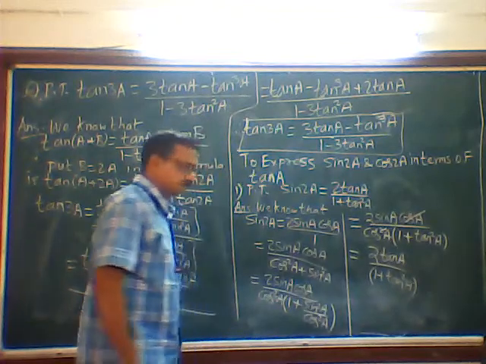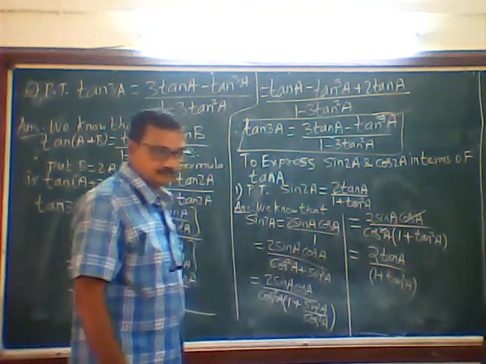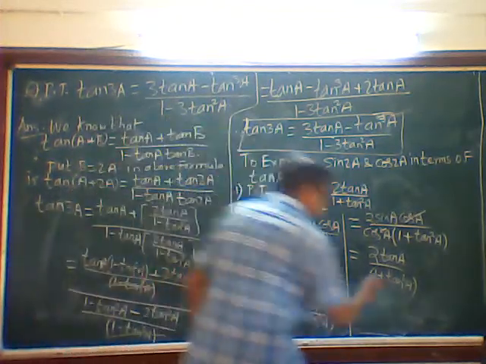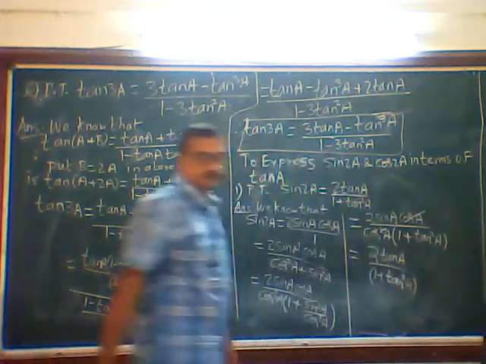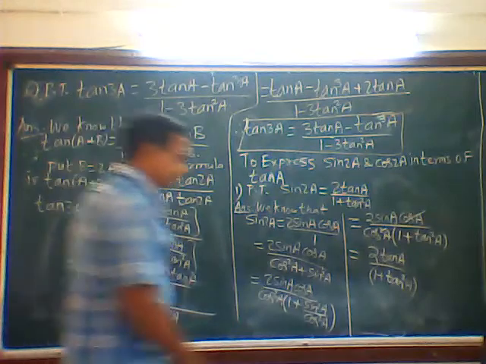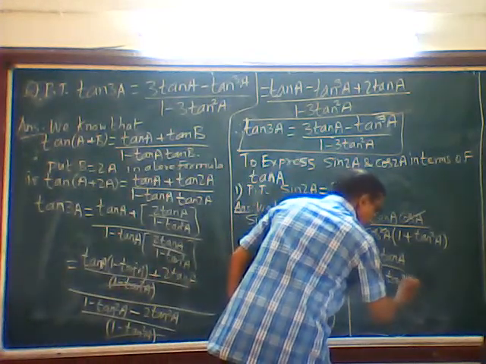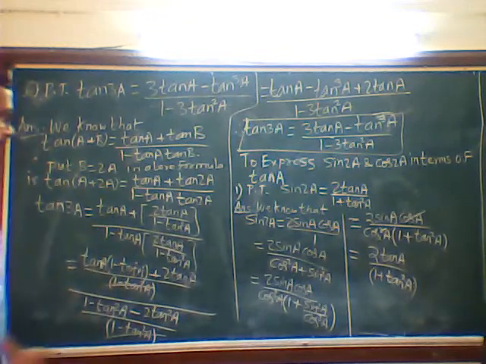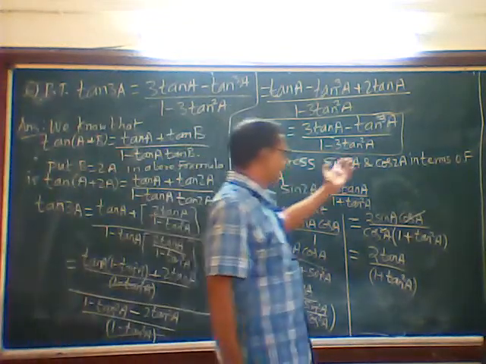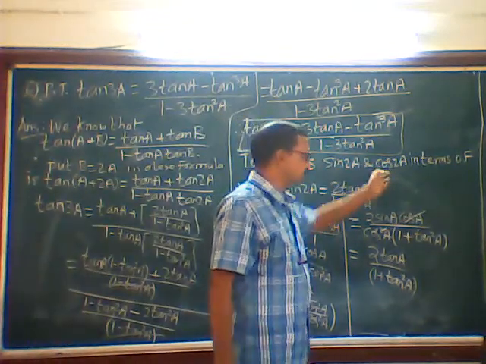Okay, this is the answer. This is how we get it. One plus tan square A. Okay, next we'll write: express sin 2A in terms of tan A, or next is cos 2A.